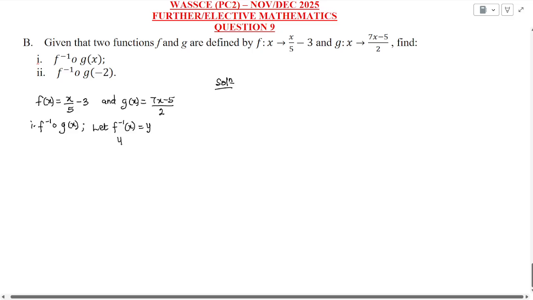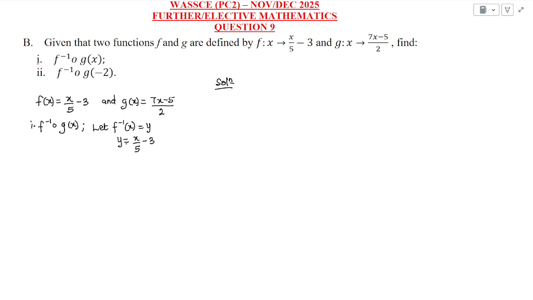Then we equate that to the actual function of f, which is x divided by 5 minus 3. From here, there are two ways to go. You can decide to interchange the positions of x and y, and then make y the subject in the long run, or you can solve making x the subject, then after that you interchange the positions of x and y. So I'll be interchanging the positions of x and y before I continue with the solution, right?